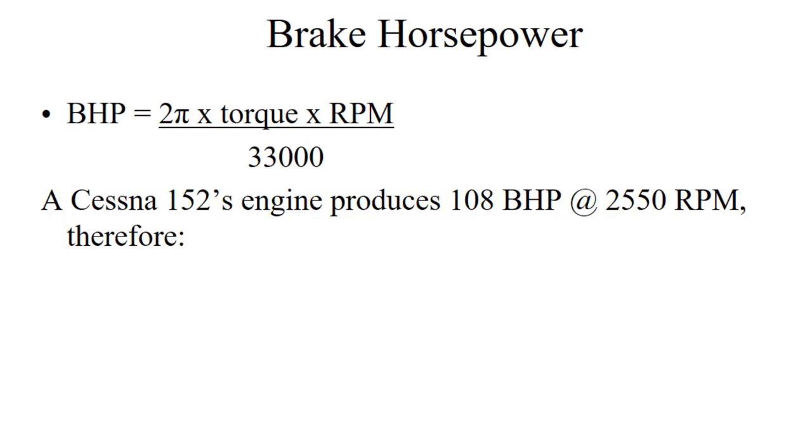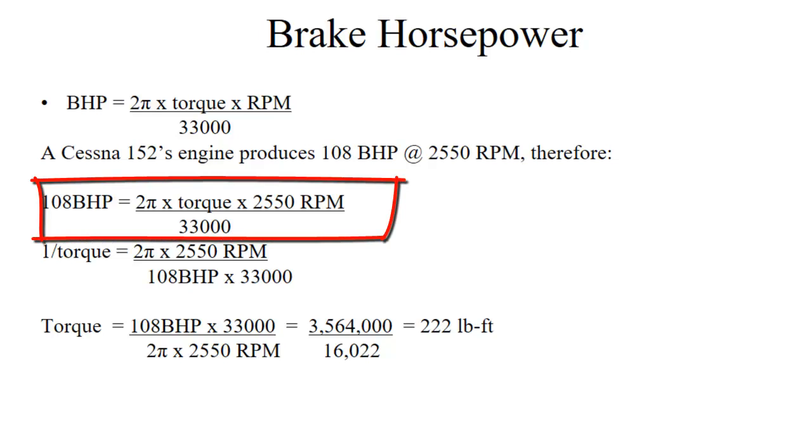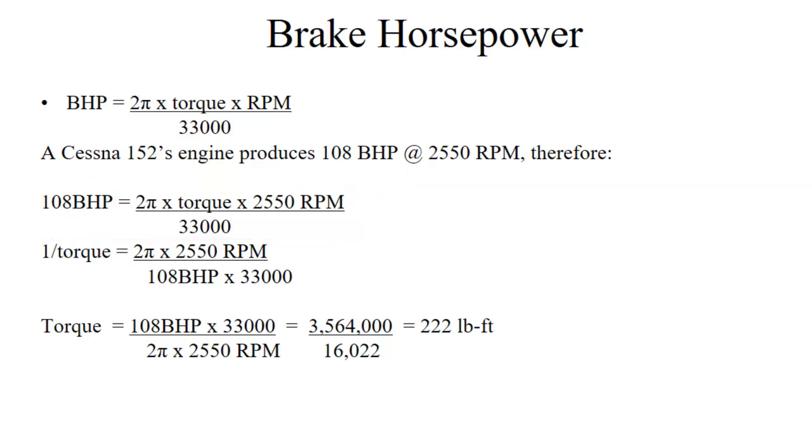So we're going to apply that formula now to the 152 engine. The manual for the model of 152 that I happen to have says 108 brake horsepower at 2,550 RPM. Therefore, let's do a little bit of the algebra that you swore you would never use in real life. 108 brake horsepower equals 2 pi times the torque times 2,550 RPM divided by 33,000.